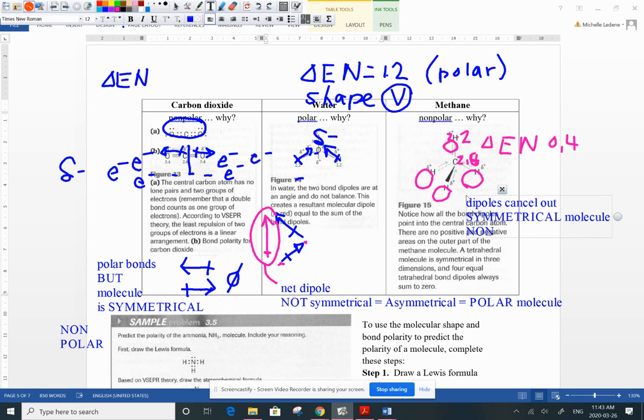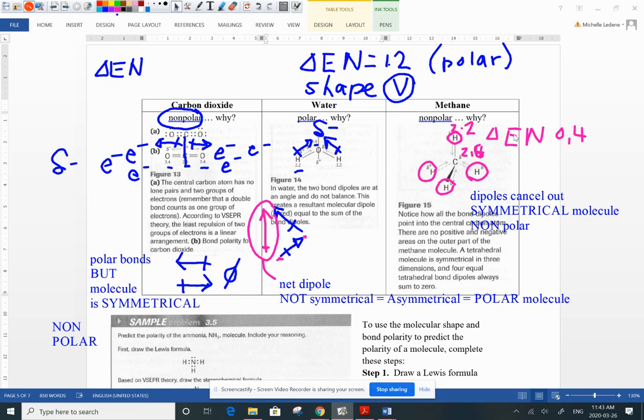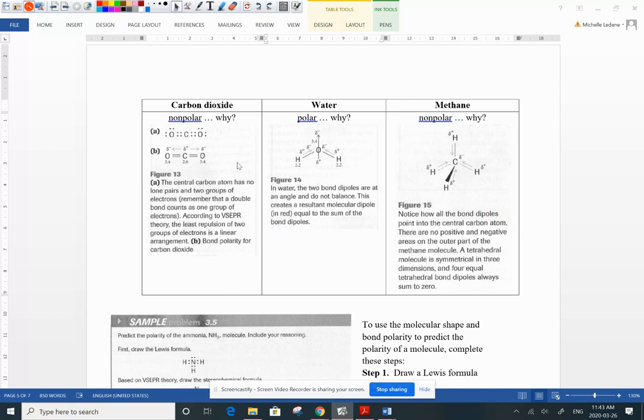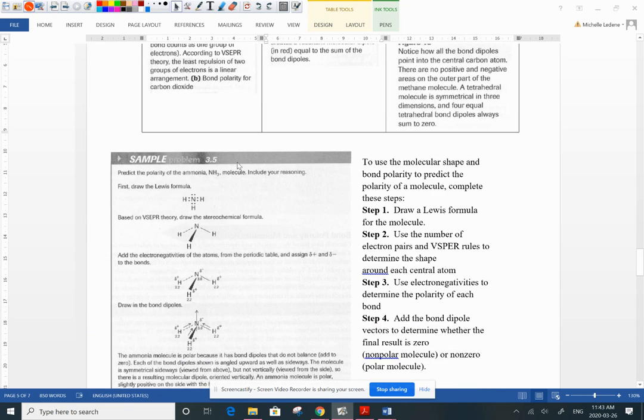So this is nonpolar. Again, two things you look at: a nonpolar bond and a symmetrical shape make this molecule nonpolar. When you're asked whether a molecule is polar or not, you go to your Lewis formulas and VSEPR diagrams, draw the dipoles, check whether the bond is polar or not, and then look at the shape of the molecule.